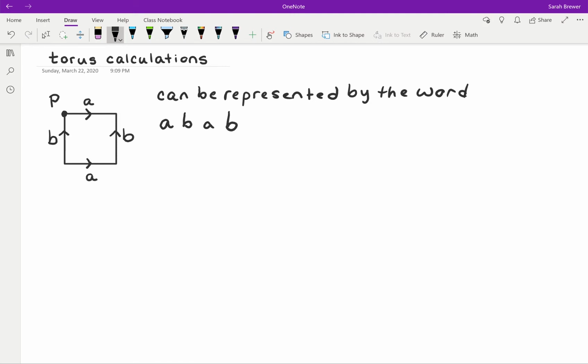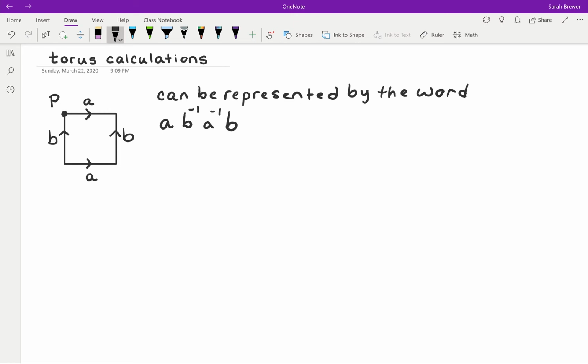Then any of the edges whose orientations match the direction that I chose will stay as themselves, A and B. But my first B here and my second A point in the opposite direction. So those two letters with opposite orientation are going to get a little inverse symbol on them.